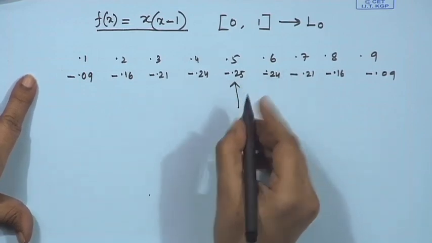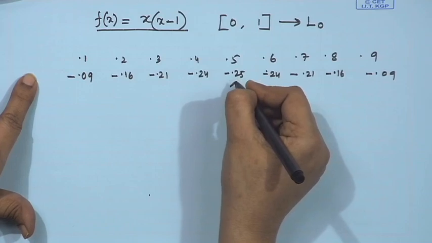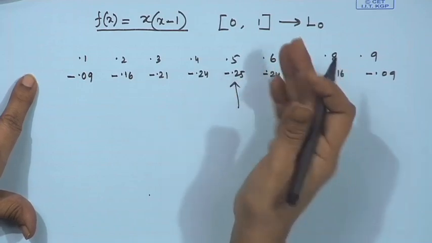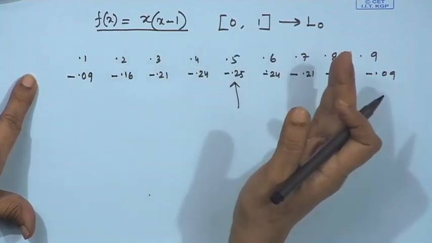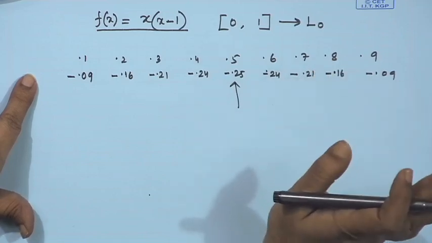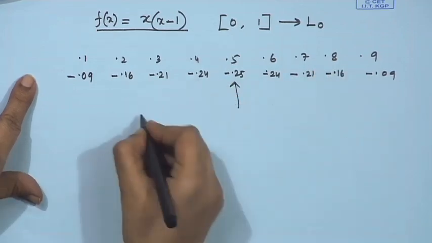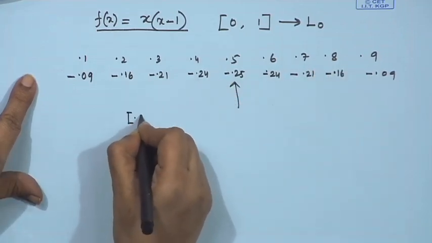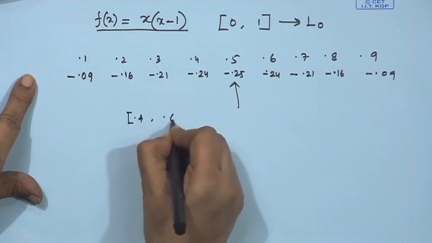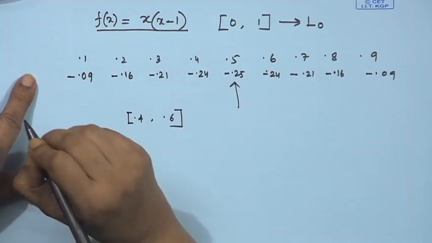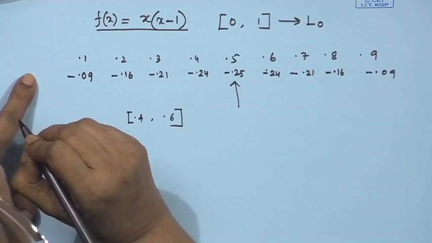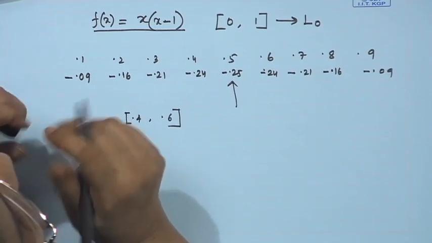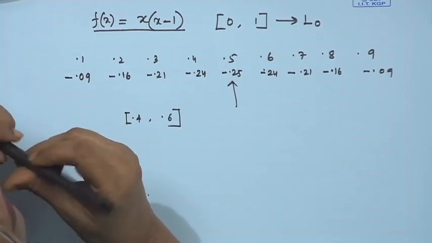Okay. That is why if this is my xk, as I was mentioning, consider xk minus 1 and xk plus 1 as your new interval of uncertainty. That means you consider 0.4 to 0.6 as the new interval of uncertainty. Okay. Now, what is the length of the new interval of uncertainty here?